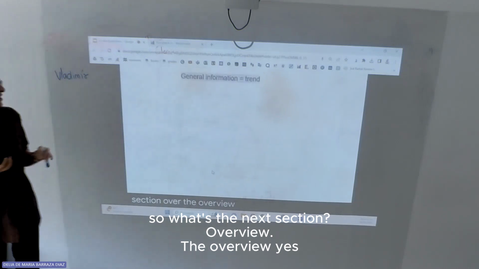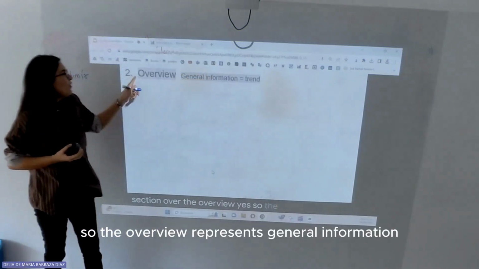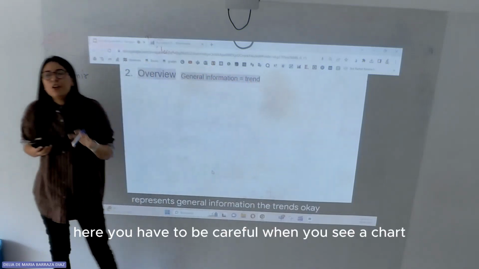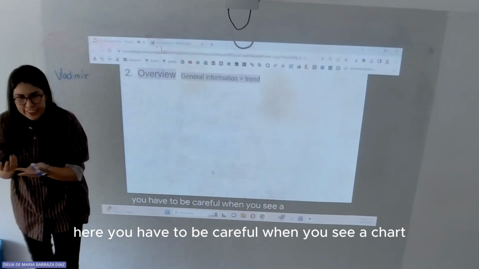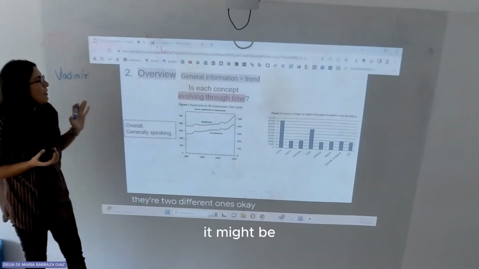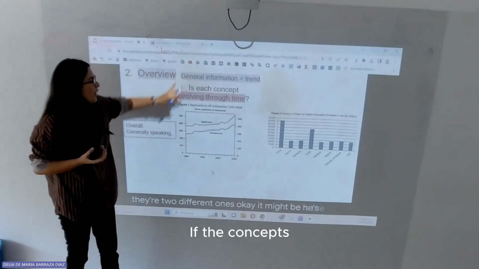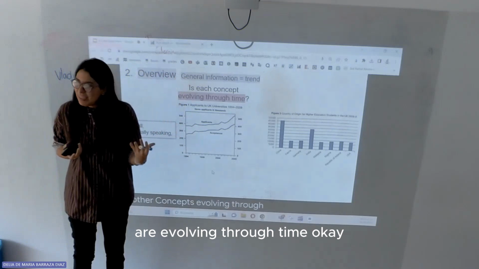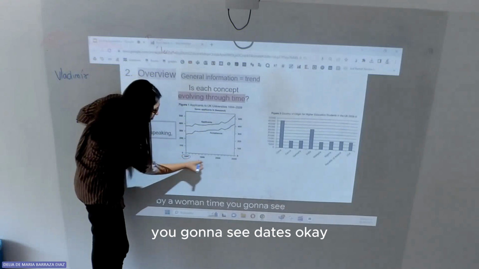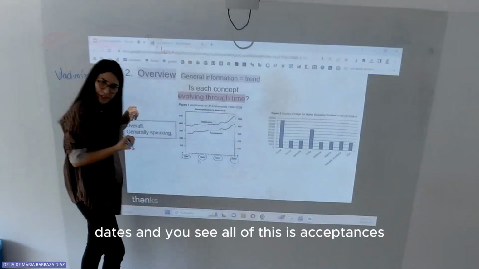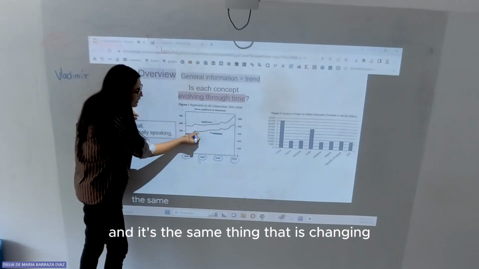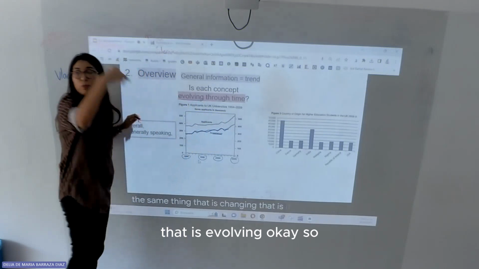Overview. The overview, yes. So the overview represents general information, the trends. Here you have to be careful when you see a chart because there are 2 different ones. It might be, are the concepts evolving through time? What do I mean by evolving through time? You're gonna see dates. And you see all of this is acceptances, and it's the same thing that is changing, that is evolving.